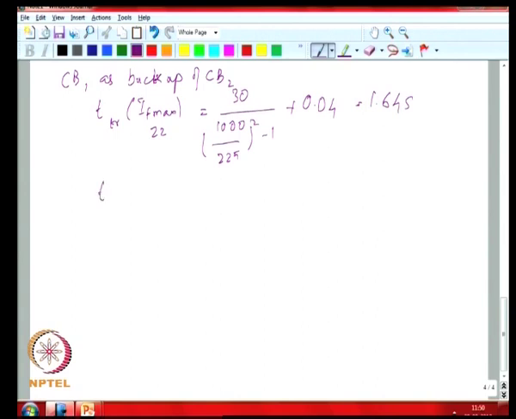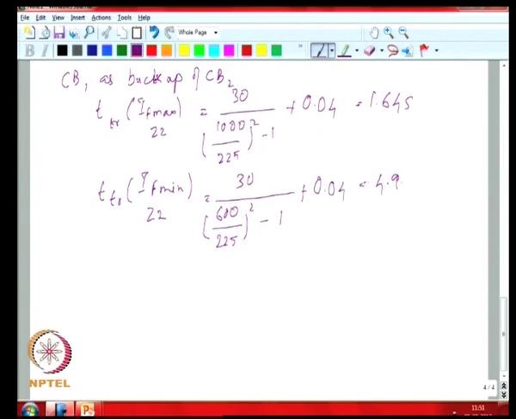If you look now at the two current levels, at 1000 amps, CB2 trips in 0.85 seconds and CB1 trips in 1.64 seconds.